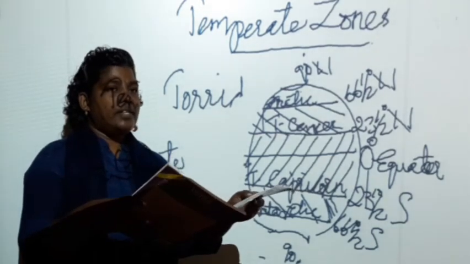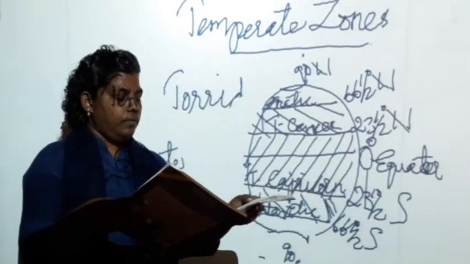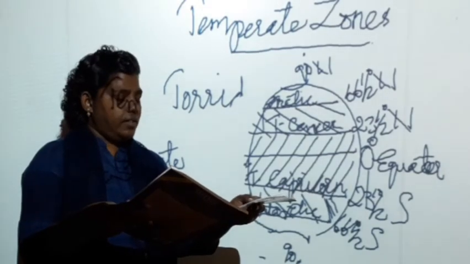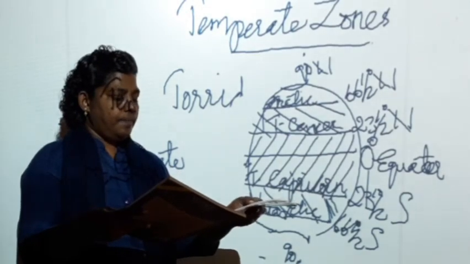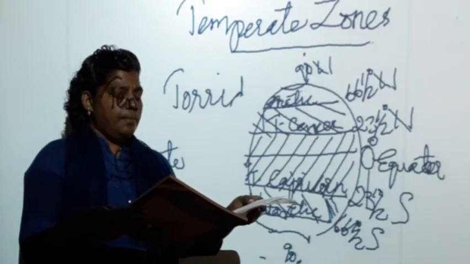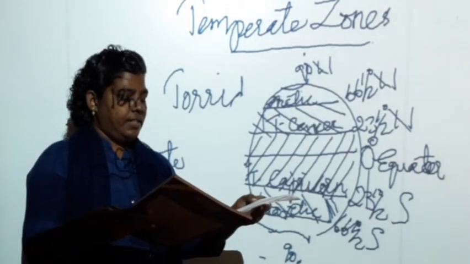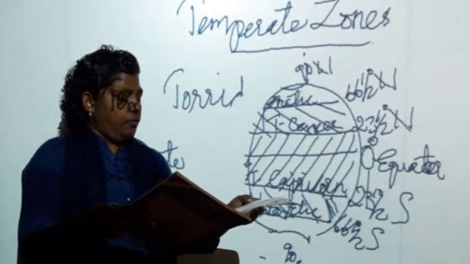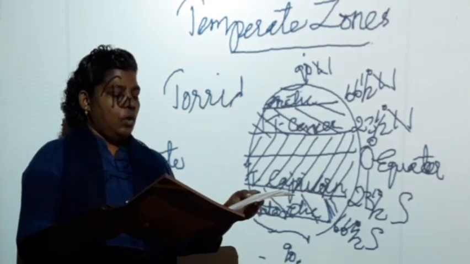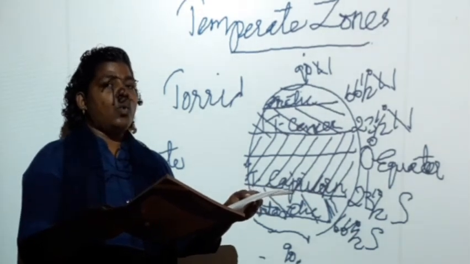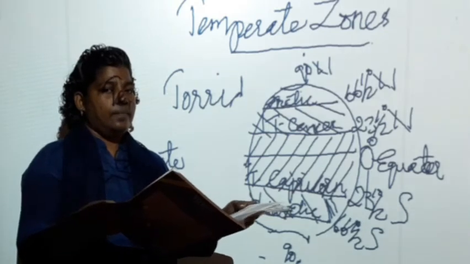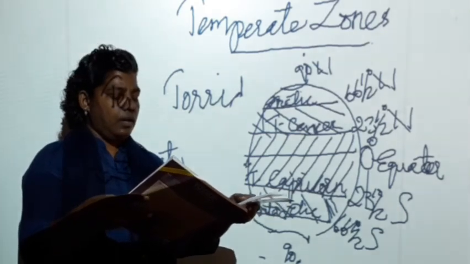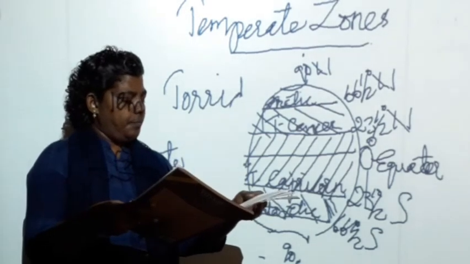First question, page number 17 and 24. Second question, page number 18 and 24. Third question, page number 18 and 19. Fourth question, the answer is 1 by 100, or 1 is to 100.